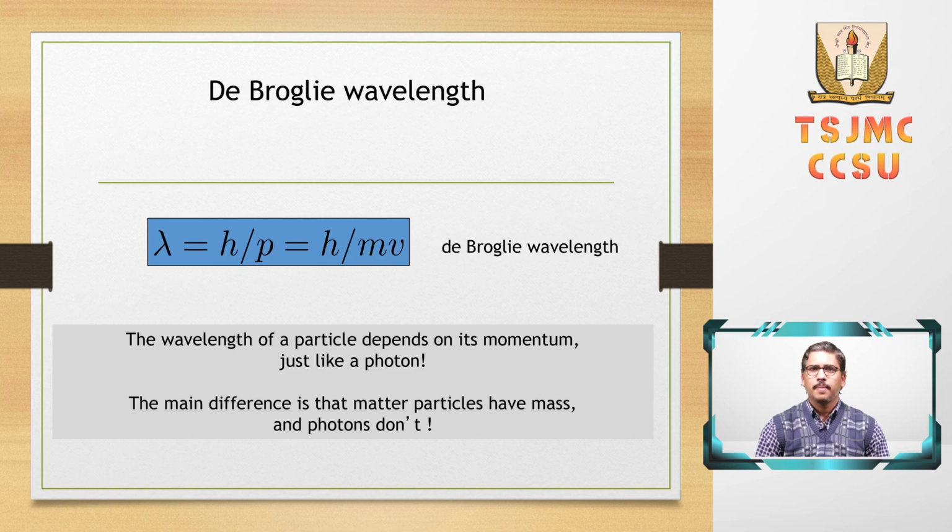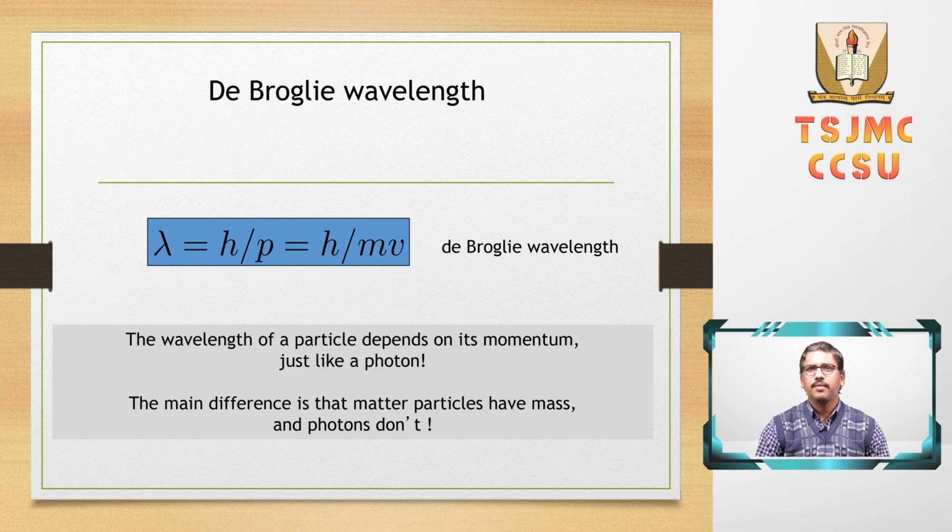De Broglie established a relation for the wavelength: the wavelength is inversely proportional to the momentum by a constant called the Planck constant, lambda equal to h upon p, lambda equal to h upon mv, where lambda is the de Broglie wavelength of that microscopic particle.